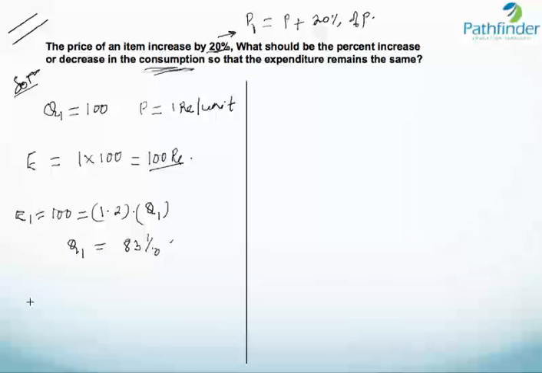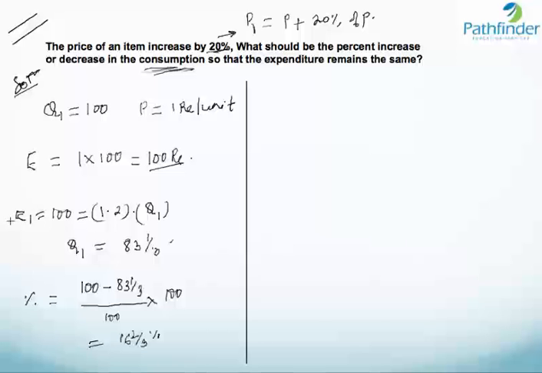What does this mean? The percentage change in consumption can be calculated as the original consumption minus the new consumption 83 1 by 3 units divided by the original consumption multiplied by 100. It's our standard formula. So this gives us 16 integer 2 by 3% as the answer.